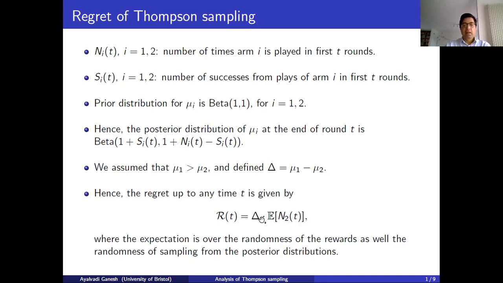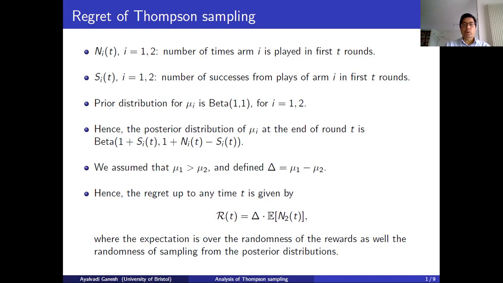And here there are two sources of randomness in the algorithm. There's the randomness in the rewards every time an arm is played. That's always there. But because we are taking a Bayesian approach here, there's an extra randomness coming from how we sample from the arm distributions.